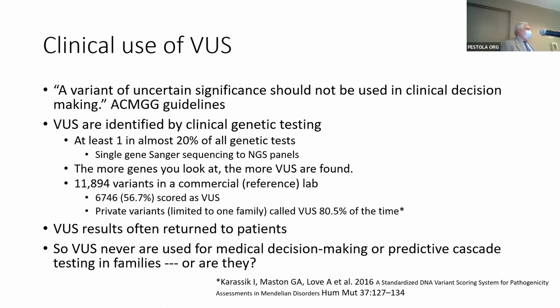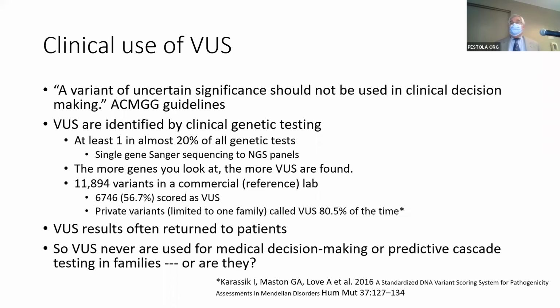So what about the clinical use of variants of unclear significance? The ACMG guidelines say never, ever, ever use them for clinical decision making. They're identified in at least 20% of all genetic tests. And it doesn't matter whether you do a single gene or a multi-gene panel. The more genes, the more VUS. So there's actually data.